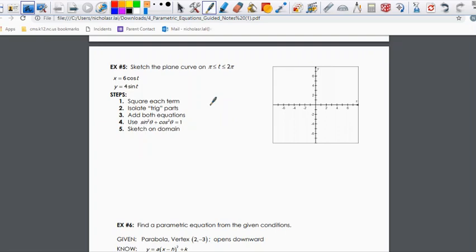So let's square each term. x is equal to 6 cosine of t, y is equal to 4 times the sine of t. And so what we can do here is square each term. All right? So with your calculator, try to square each term.